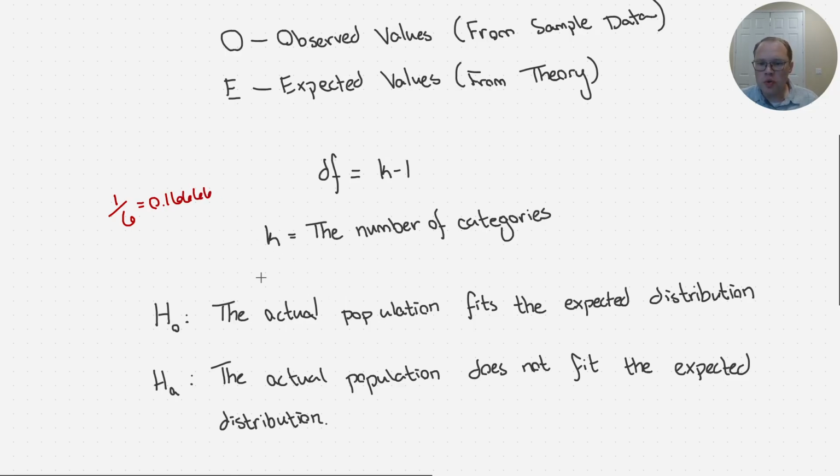So you would need to make sure that however many times you roll that die, the expected number of times, not the fraction or percent, is at least 5 for each of those categories in order for this to work.